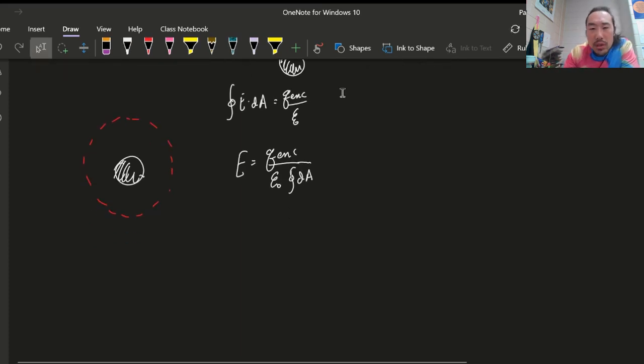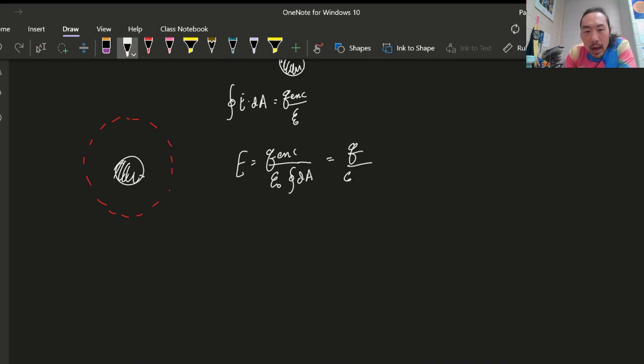That surface integral of dA simply means the surface area of the Gaussian sphere that we just created. Think of it as a variable that we're just moving to the other side. We know that the Q enclosed is the total charge Q, epsilon naught, and the surface area of this sphere would just be 4 pi r squared.